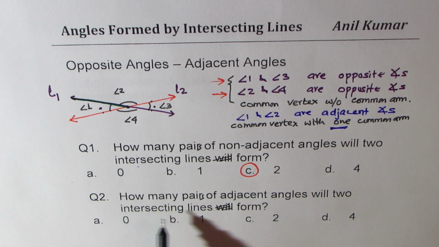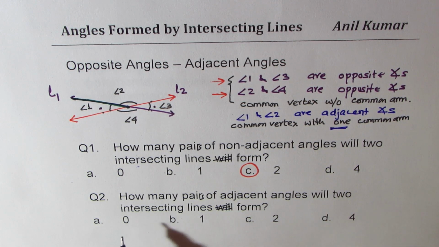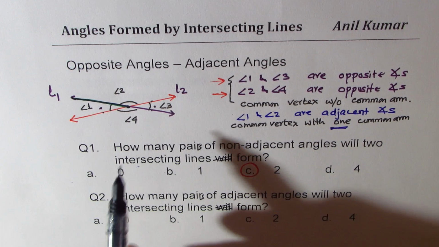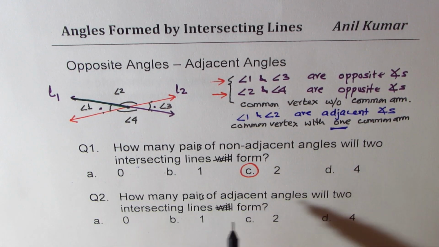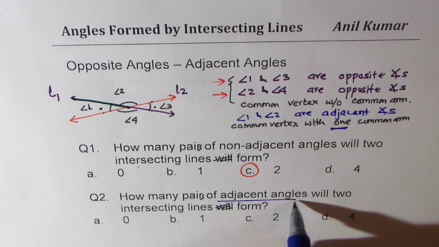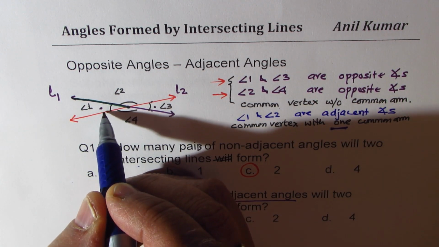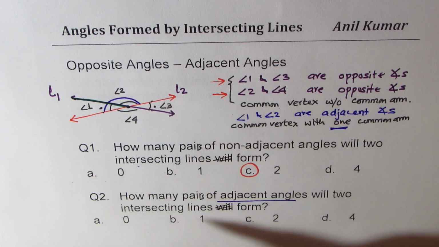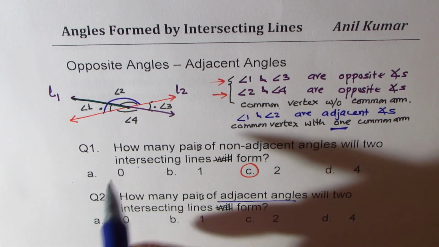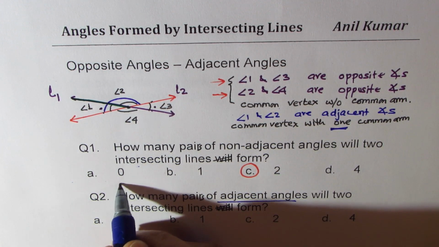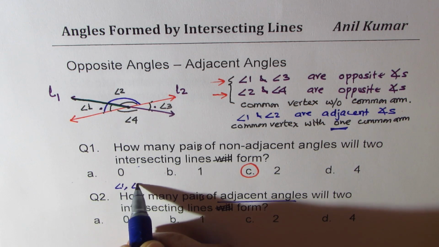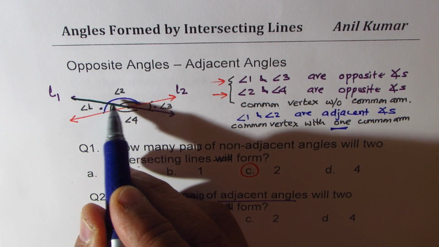Now the question is, how many pairs of adjacent angles will two intersecting lines form? Well, look at it. Let's name them. As far as the adjacent angles are concerned, I named one, right? Angle 1 and 2 are adjacent, correct? So we have one pair, which is angle 1 and angle 2. How about angle 2 and 3?